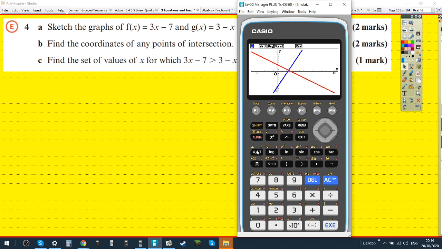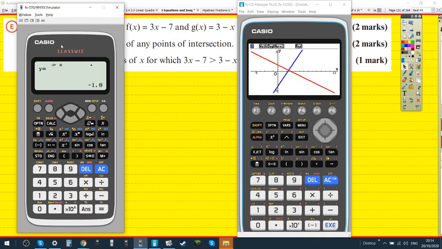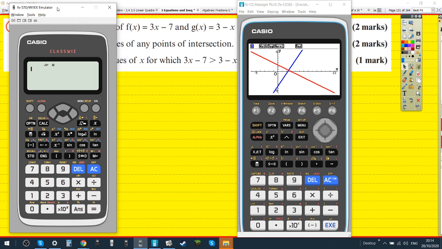Another way is to just put it in. What was the equation? 4x minus 10.